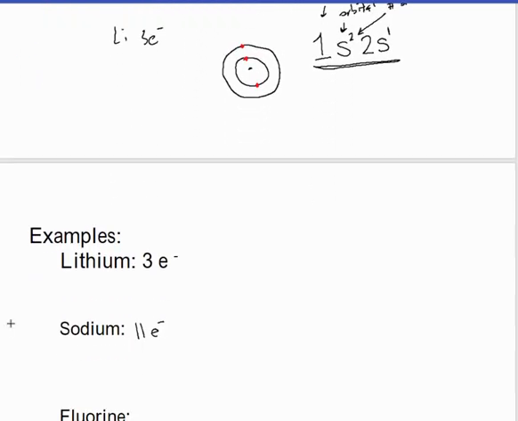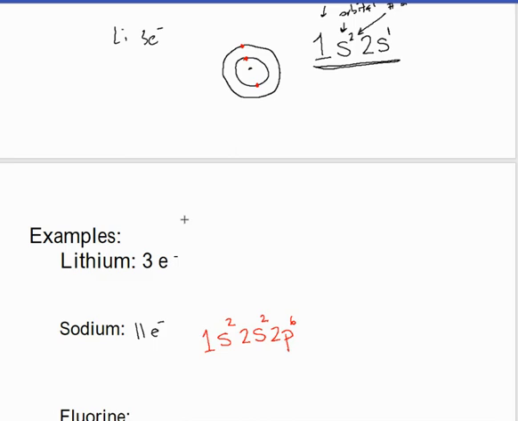I have 1s2, there were 2 electrons in that first energy level, and then I had 2s2 because it was filled, and after the 2s comes the 2p, and there were 6 electrons in that 2p orbital, in all of the p orbitals combined, the x, y, and z together.